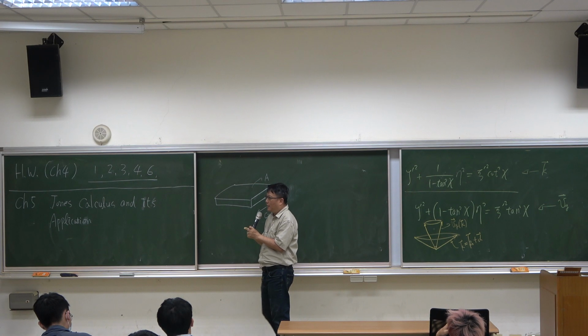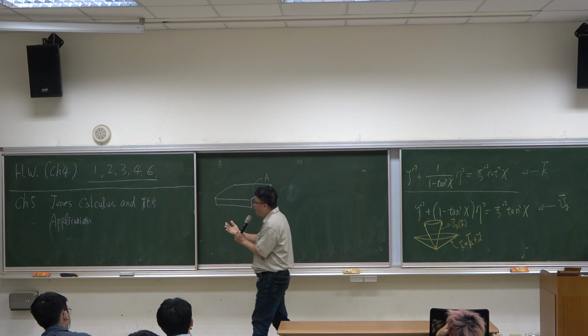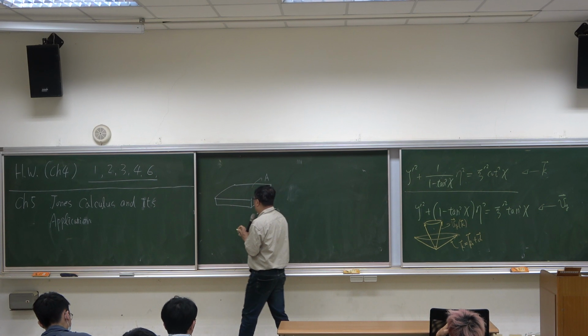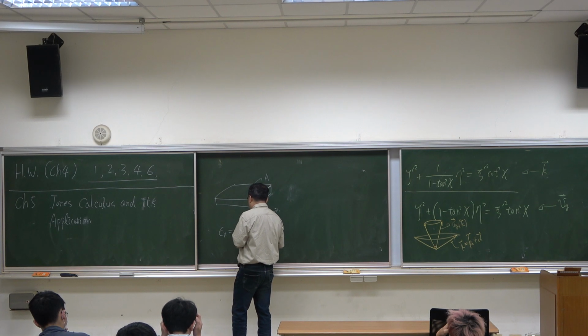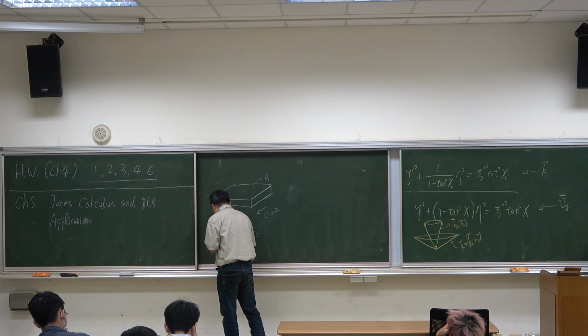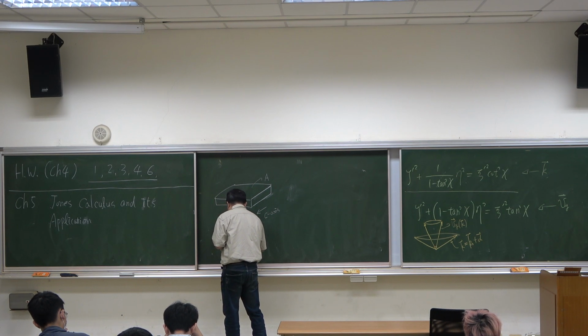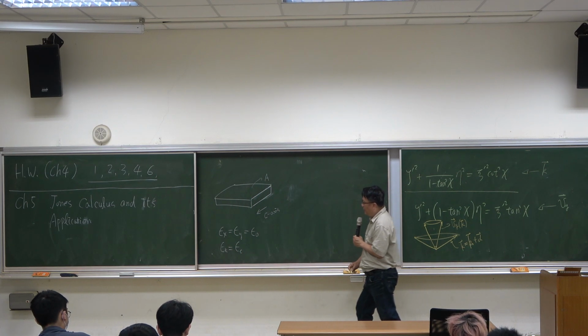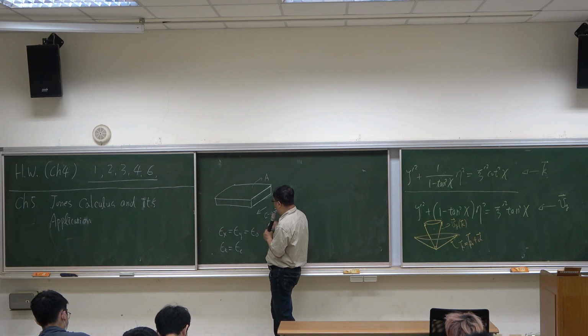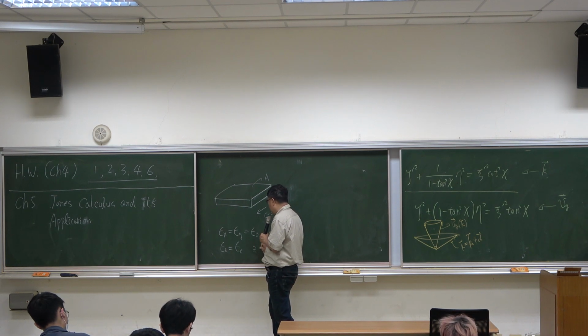Uniaxial crystal means that epsilon x is equal to epsilon y, say epsilon O, and epsilon z is equal to epsilon E. Okay, and the c-axis means the z-axis.